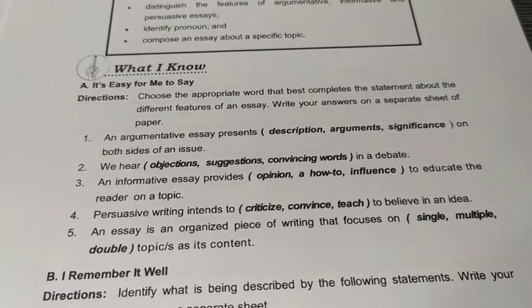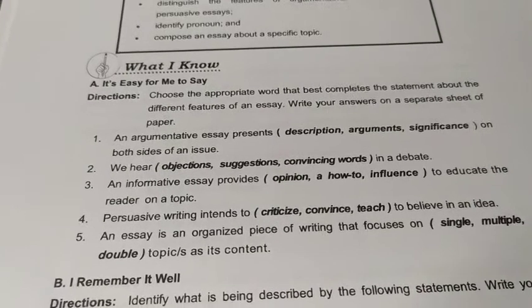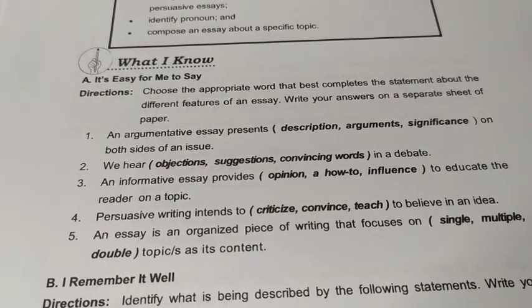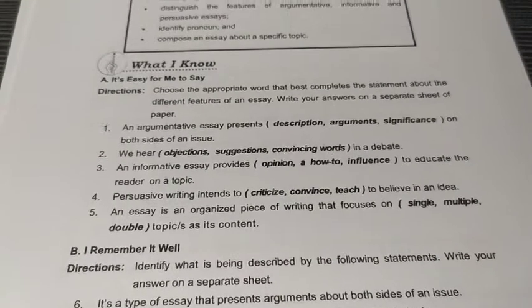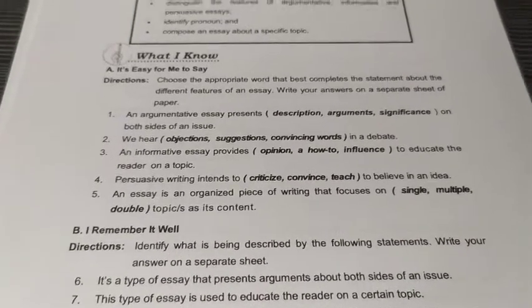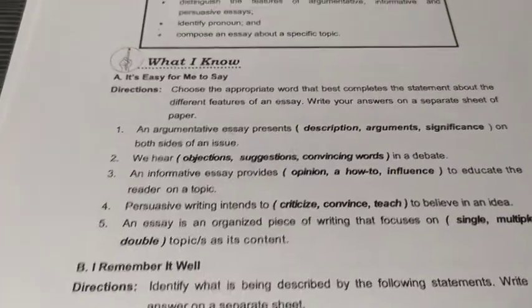And if it's not correct, we will make you learn something. You will just choose among the choices inside the parentheses, the bold words, based on what is being described or asked in each number.